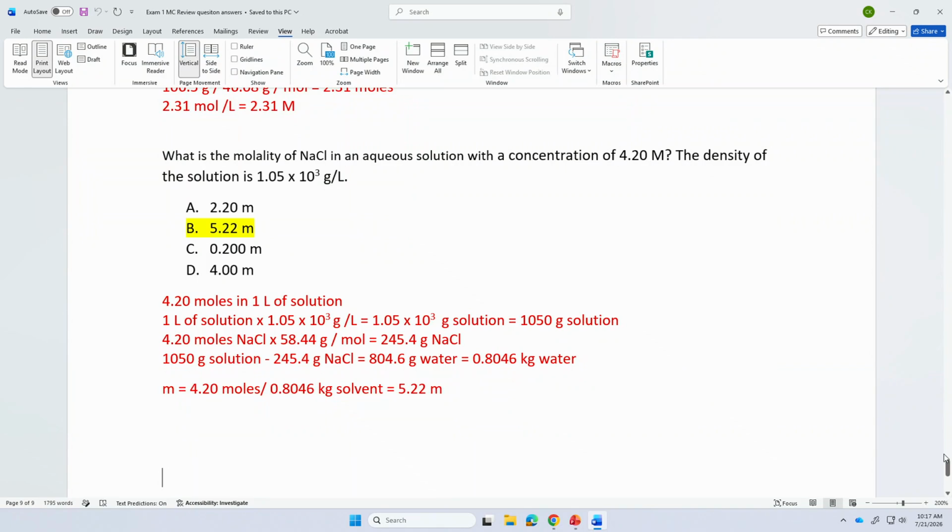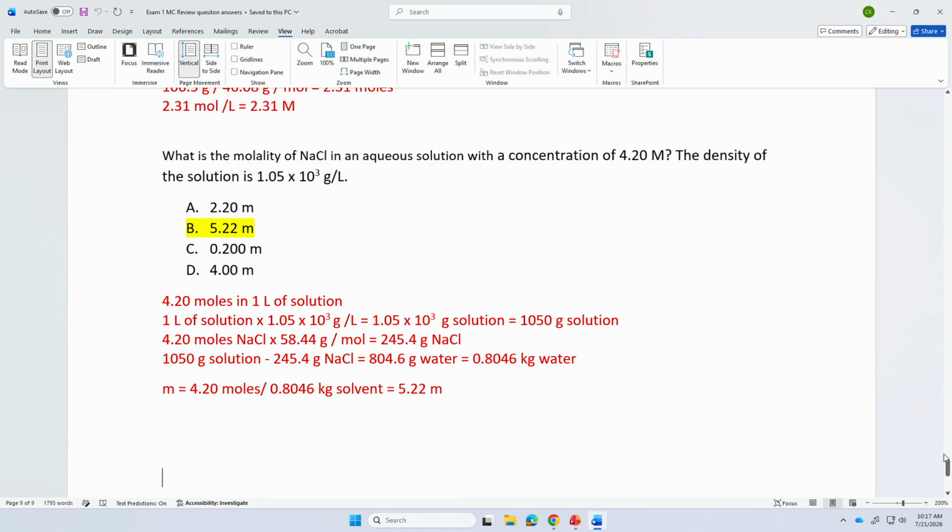Then I found grams of salt, because for finding molality from molarity, I want only the solvent. So I have to remove the solute. I got the solution into grams and then subtracted off the grams that were salt. Now I have the grams of just the solvent. And they gave me moles already.